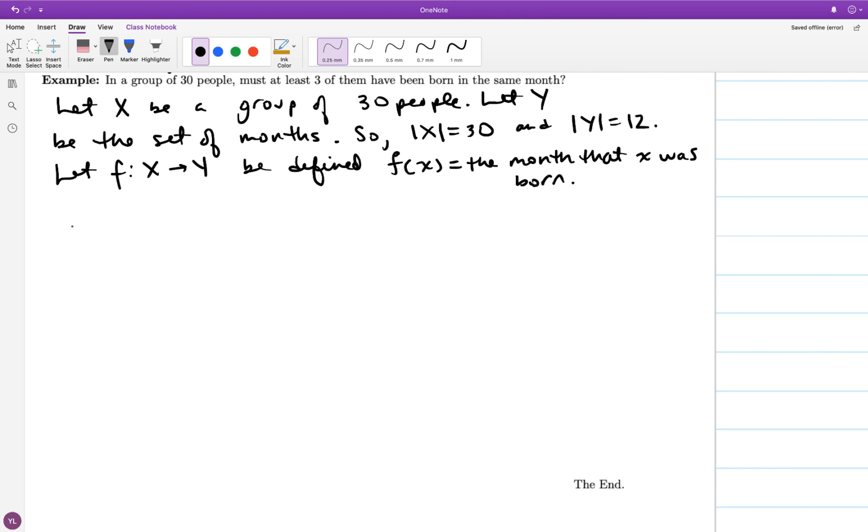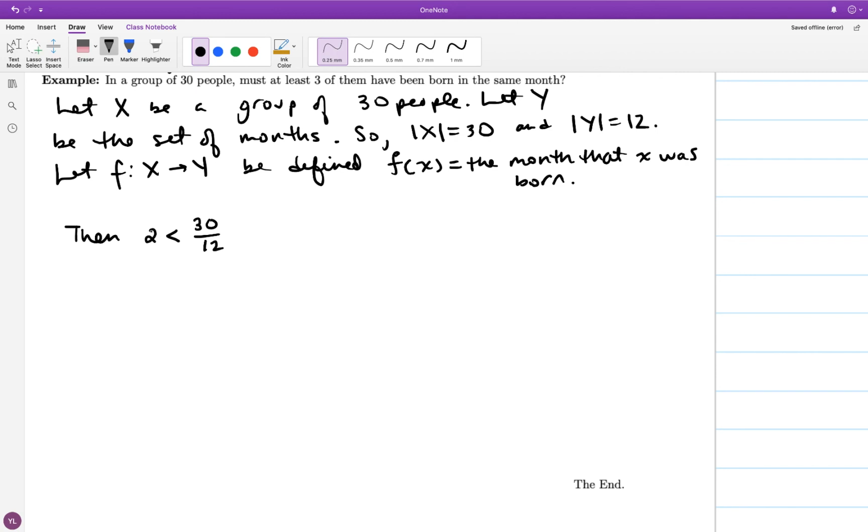Okay, and let's make an observation. The positive integer 2 happens to be strictly less than 30 divided by 12. 30 divided by 12 is definitely bigger than 2, because 24 divided by 12 is equal to 2.